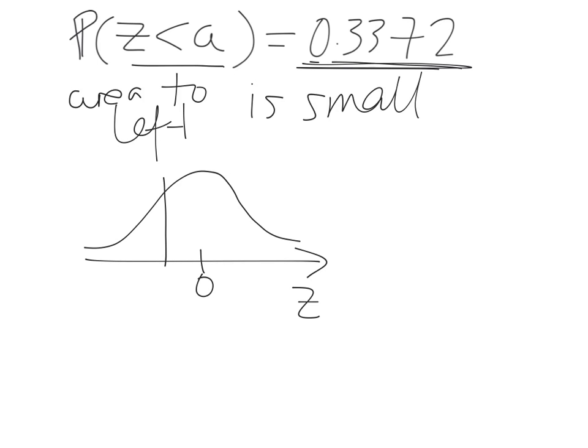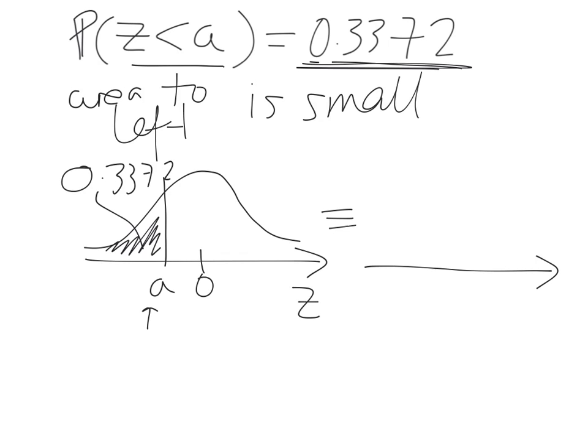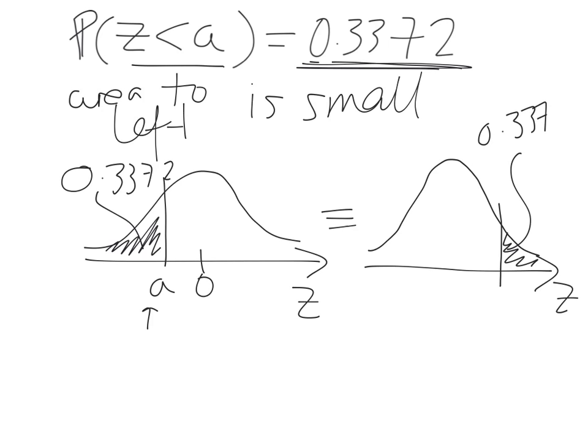A must be somewhere here for this area to be small, 0.3372. So we're going to have to redraw this, because at the moment a is negative. So redraw this using the symmetry. So now this is 0.3372, and this is now minus a.